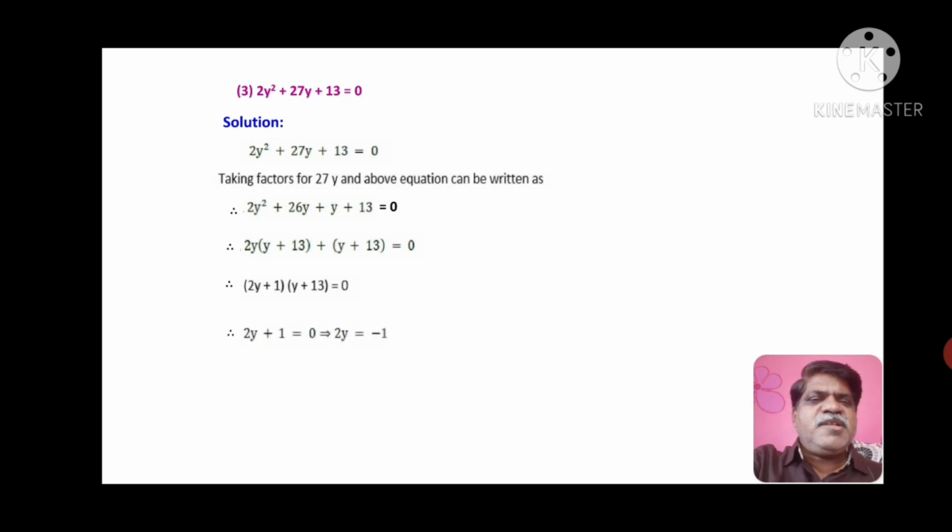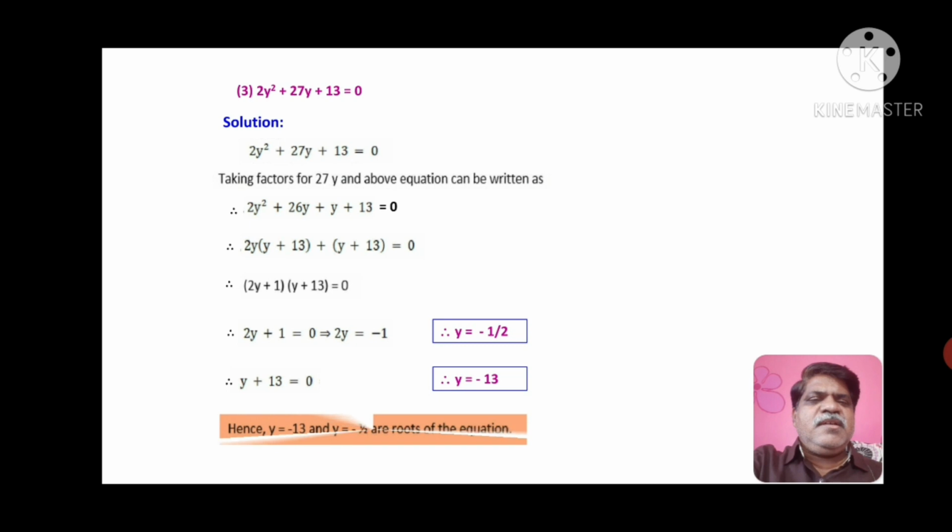Therefore 2y plus 1 is equal to 0, means 2y is equal to minus 1, that is y is equal to minus 1 by 2. Or you may write y plus 13 is equal to 0, means y is equal to minus 13. Hence friends, here y is equal to minus 13 and y is equal to minus half are the roots of the given quadratic equation.